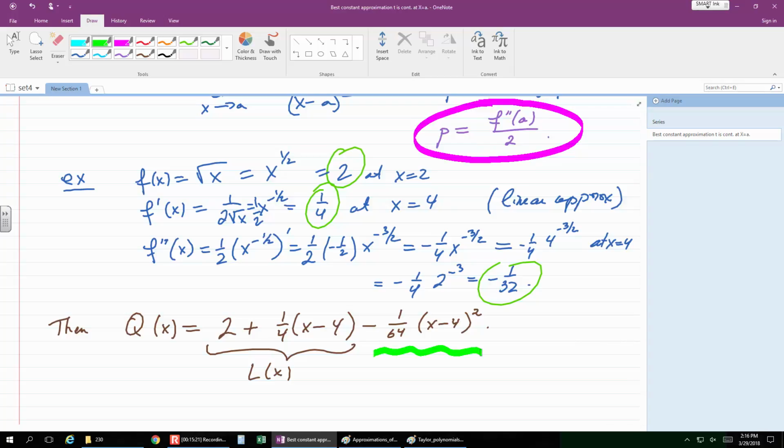When it happens to be negative, what does it tell you about this approximation? Well, you have a linear function and then you subtract. What happens to the function? Well, you subtract and it becomes smaller, right?